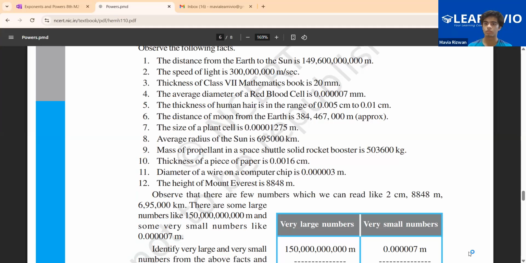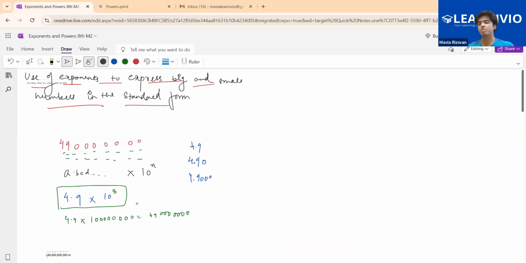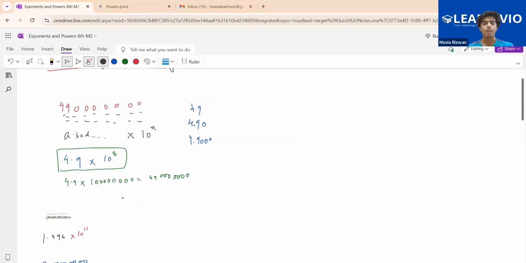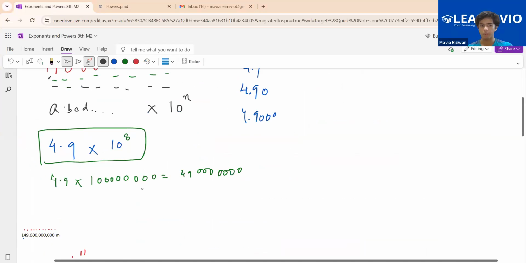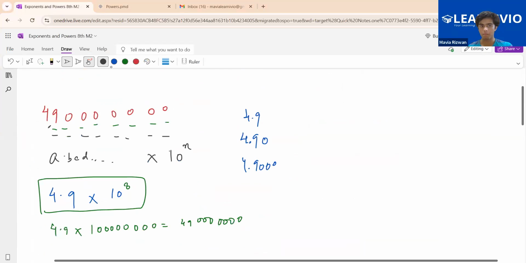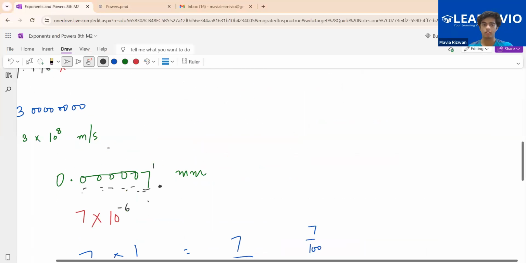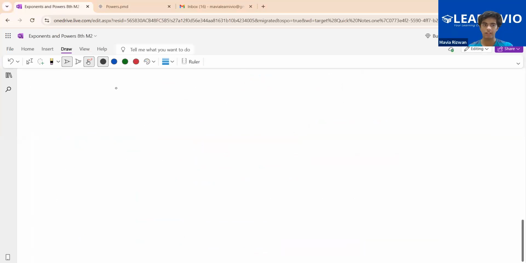Sir, the thing you taught in the last class. Okay, fine. Like which one, both or the minus one, the small number? Sir, all of them. Fine, sure. I'll explain it again.